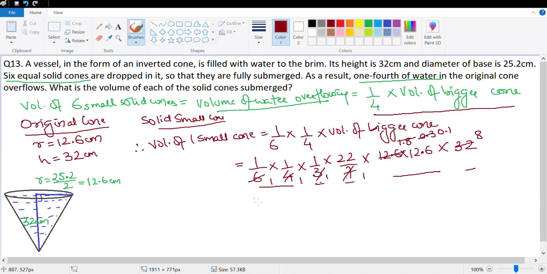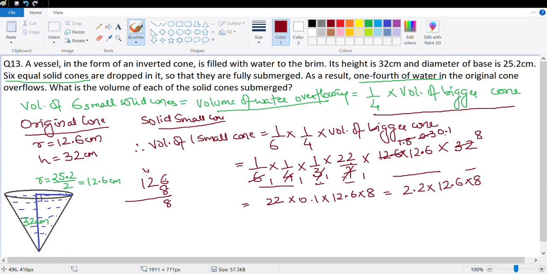So volume of one small cone, denominator there's nothing remaining. In the numerator I have 22 multiplied with 0.1 multiplied with 12.6 multiplied with 8. Let's confirm. Yes, 22, 0.1, 12.6 and 8. So 22 into 0.1, that's 2.2 multiplied with 12.6 into 8. Let's multiply now. So 1, 2, 6 into 8. That's 6 into 8, 48.